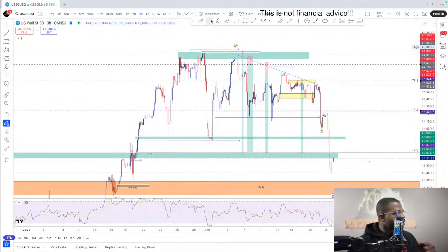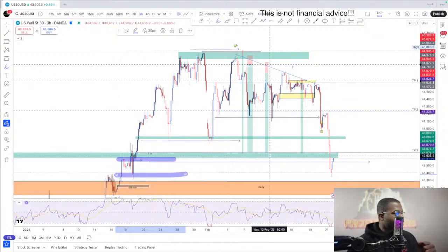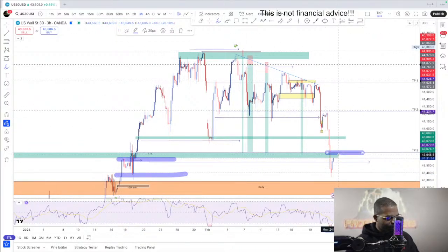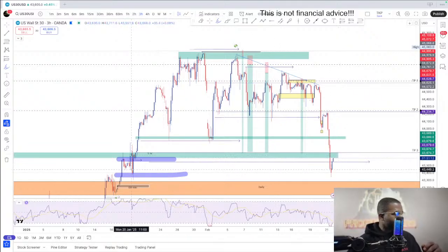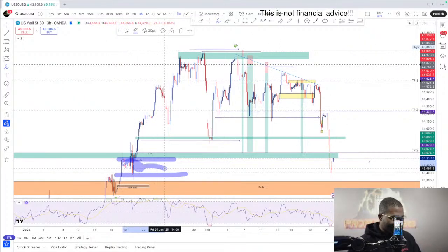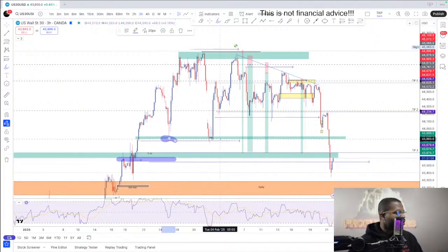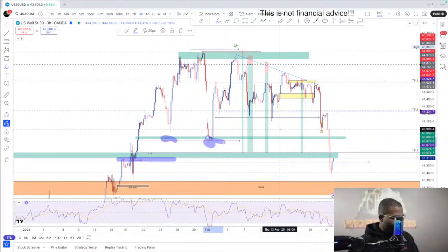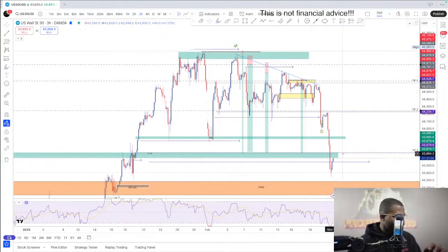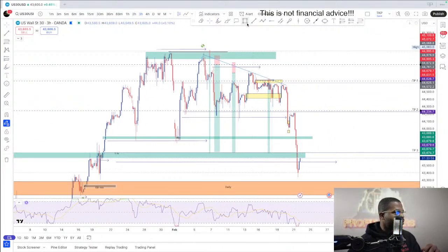Right now, pretty much the same thing happened. I used this area for our third TP because this was the last area of consolidation that was underneath the lows here. So what I want to see is how price responds to this area right here.